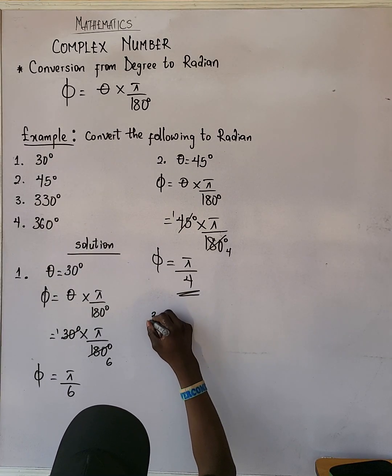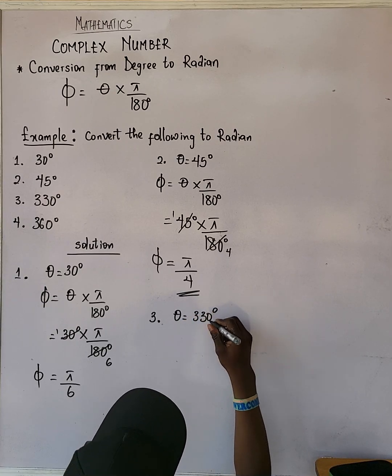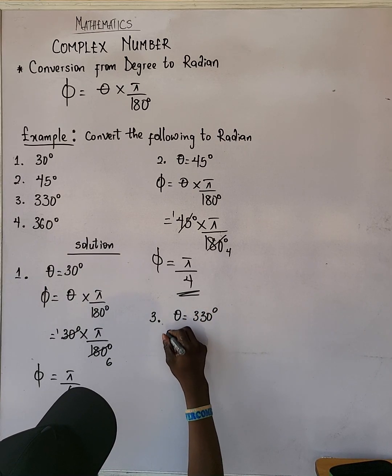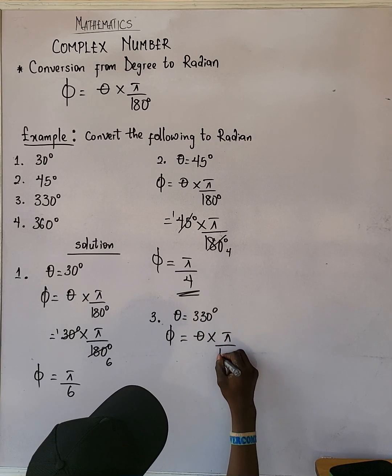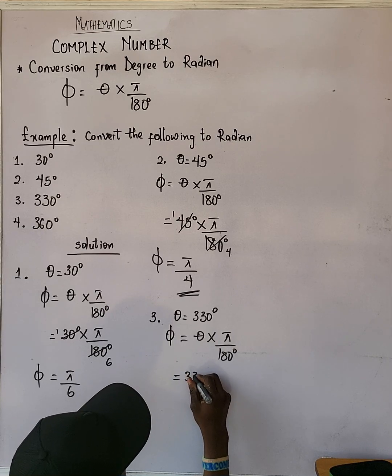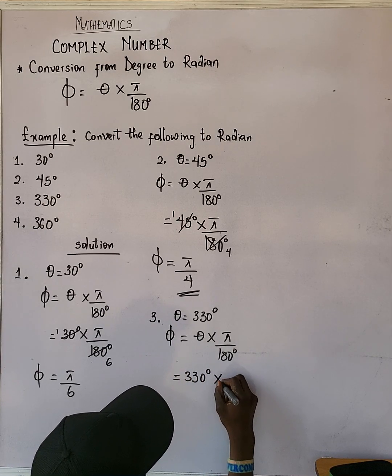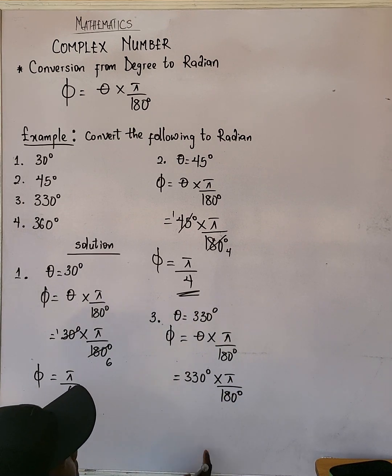The third one, we have our theta to be 330 degree, right? This is the formula, multiplied by pi over 180. So that will be 330 degree multiplied by pi over 180 degree. Can 330 divide 180?